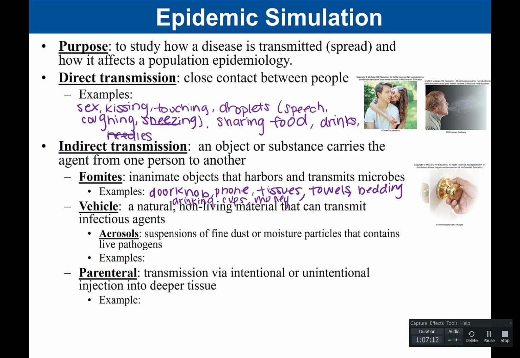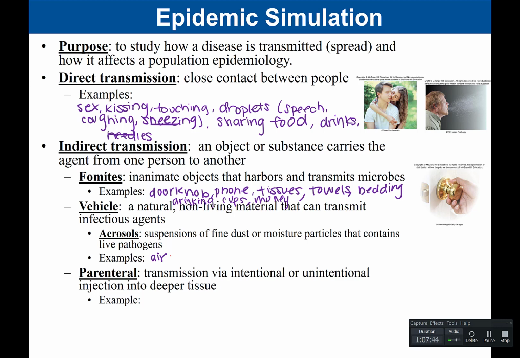A good example of a disease that's transmitted through aerosols would be TB, tuberculosis. In the case of TB, it can pass through air. It can survive in air currents for long periods of time. So if somebody coughs and they have TB, the organism can go into the air and it stays in the air for long periods of time.